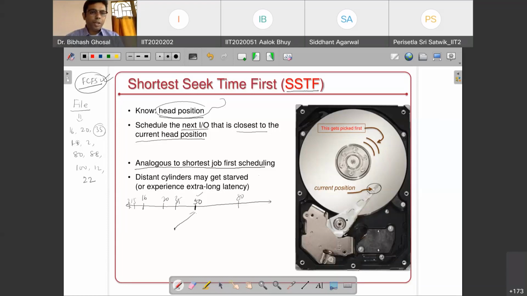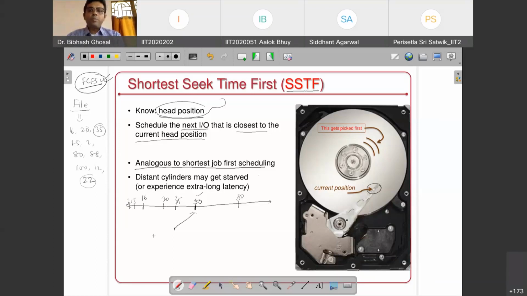Is it 16, 20, 15? 20 is the closest, or maybe 22 is the closest. So from 35, you go to 22. When at 22, you go to 20. When at 20, next you go to 16 because all the rest of them are pretty far from 20.